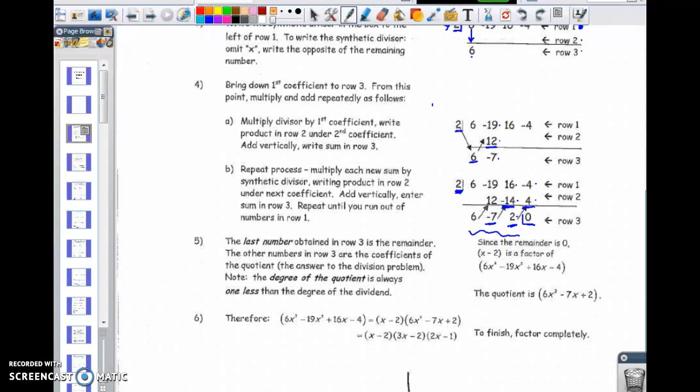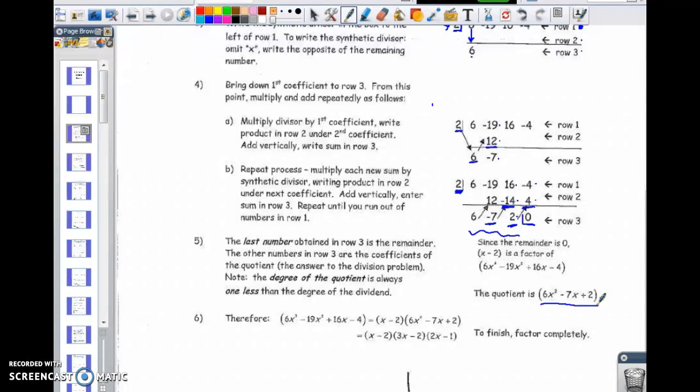So, since the remainder is 0, x minus 2 is a factor of our original 6x cubed minus 19x squared plus 16x minus 4. Our quotient comes from the 6, negative 7, and 2, so we have 6x squared minus 7x plus 2. That is what our quotient is.